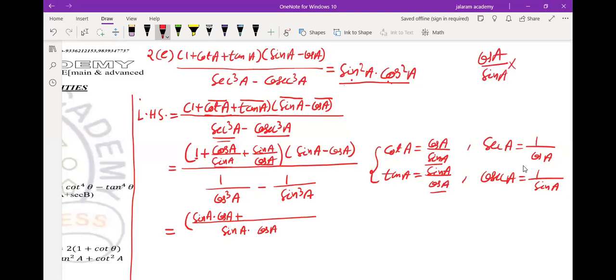When the LCM sin A into cos A is multiplied to it, sin A is cancelled out, cos A into cos A, cos²A. Similarly, third sin A by cos A, and when we multiply cos A into sin A, cos A cancelled out, sin A into sin A is sin²A.